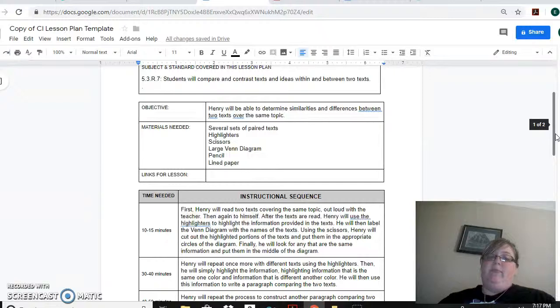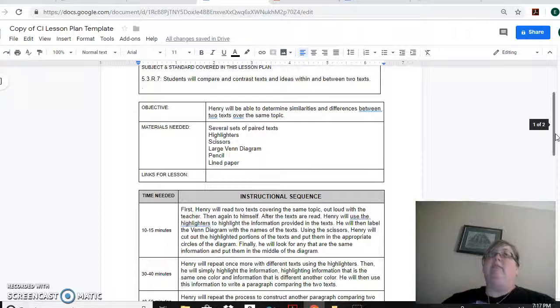After that, he would still be reading the same two similar texts. However, instead of highlighting and cutting them out, he would just be highlighting them. Anything that is the same information would be one color, and anything that is different would be another color. Like if it's different, he'd highlight it pink, and if it's in both of the texts, it'd end up being blue.